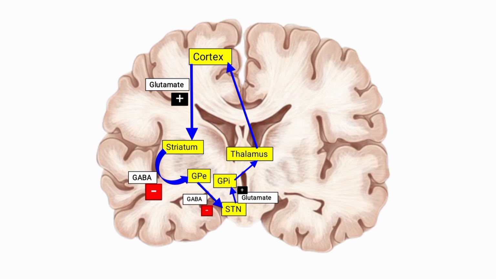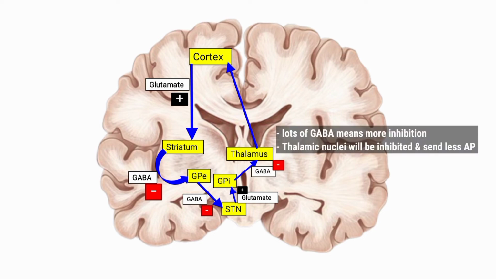Glutamate is a stimulatory neurotransmitter, so it will heavily stimulate the neurons of the globus pallidus internus, and this will result in increased action potential from globus pallidus internus to the nuclei of the thalamus. That means a lot of neurotransmitter is being released here. The neurotransmitter is GABA. GABA is inhibitory.